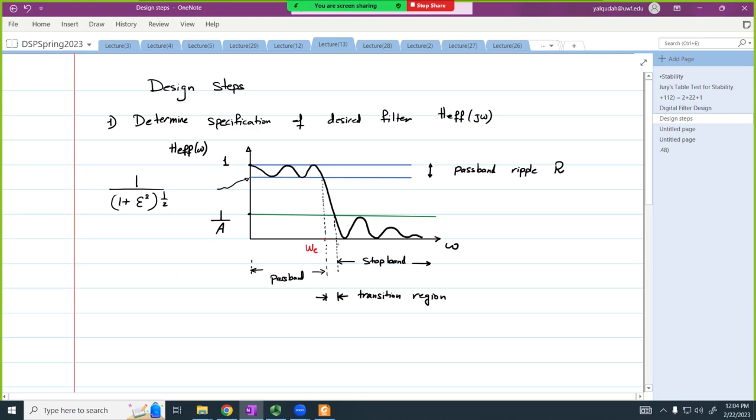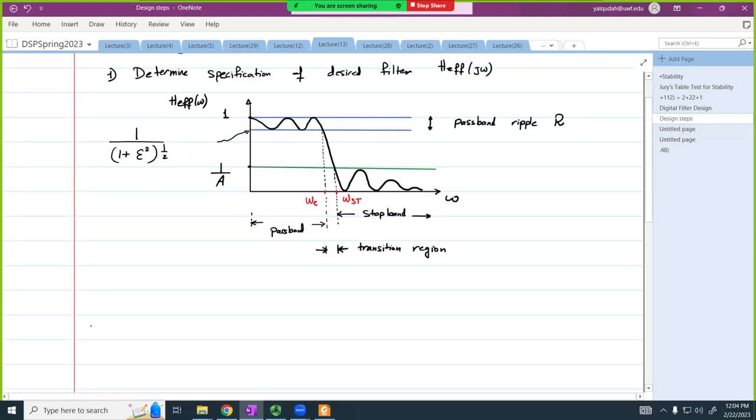And this frequency here, we're going to call omega stop. Since this is the stop band, this is omega stop, and this is the cutoff for the pass band. Is that clear? Graph? Okay.